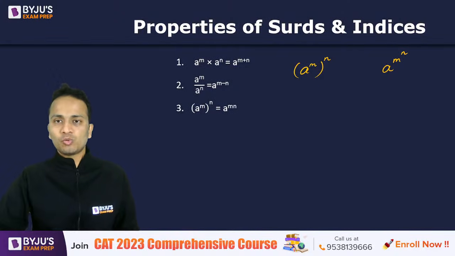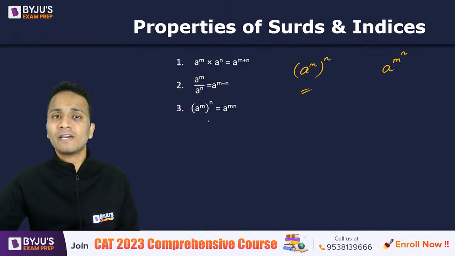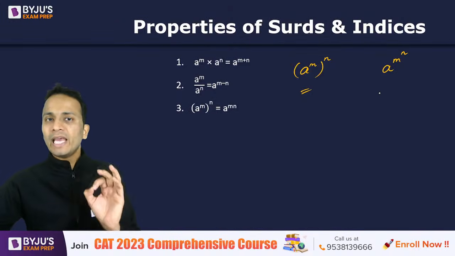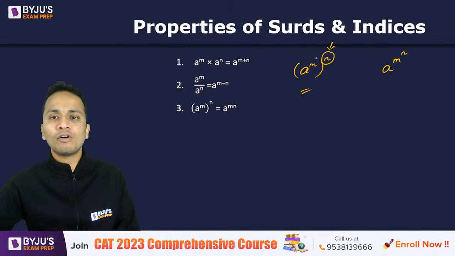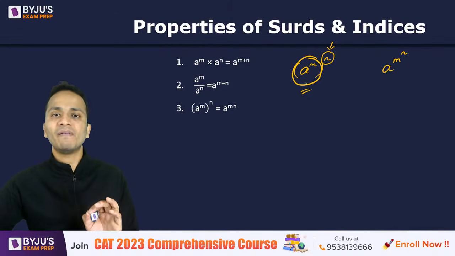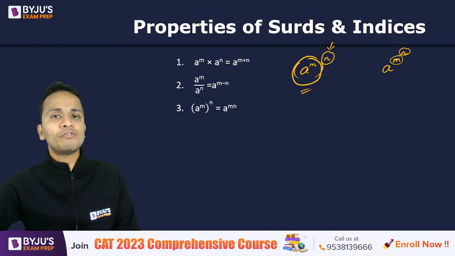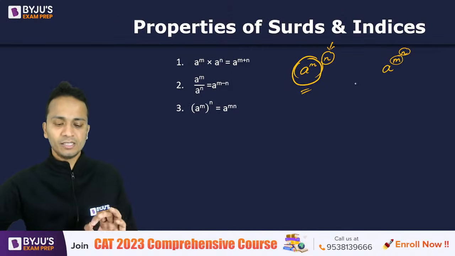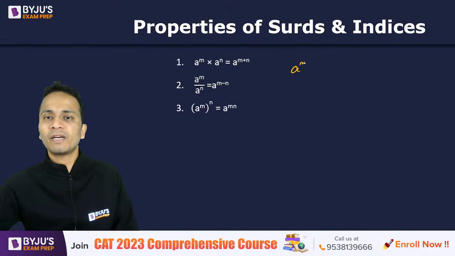The first one is a raised to the power m whole raised to the power n, and the second one is a raised to the power m raised to the power n. In the first case, n is the power of this complete number, a raised to the power m. In the second case, n is the power of m only. So you have to be very careful while dealing with these.